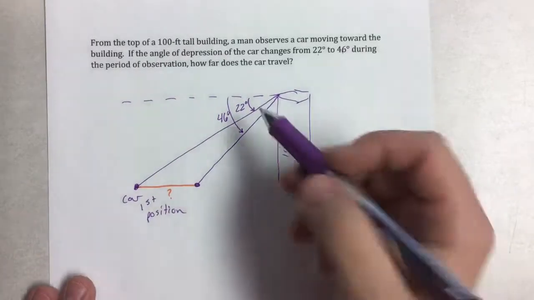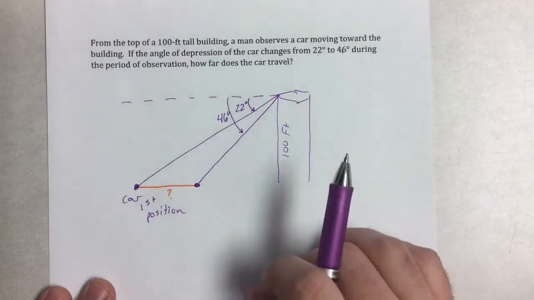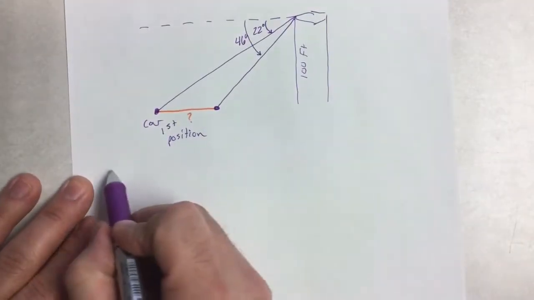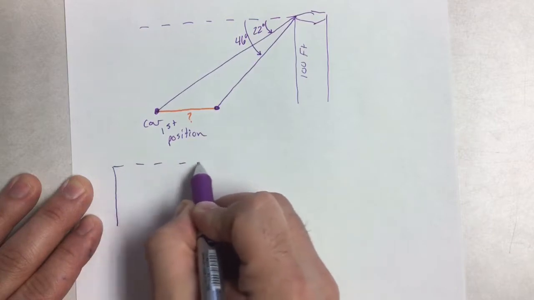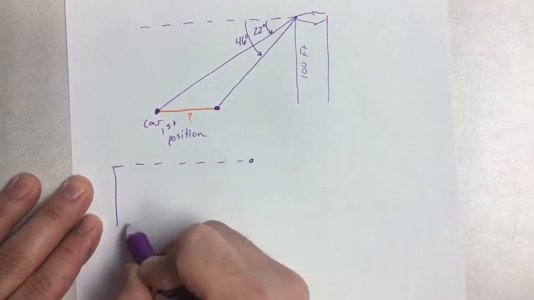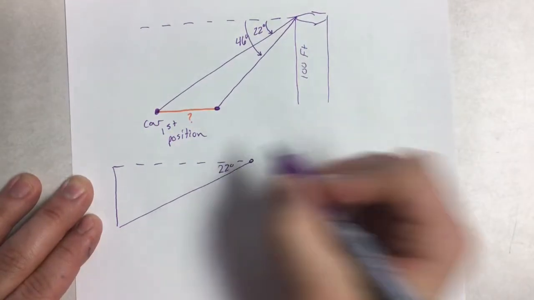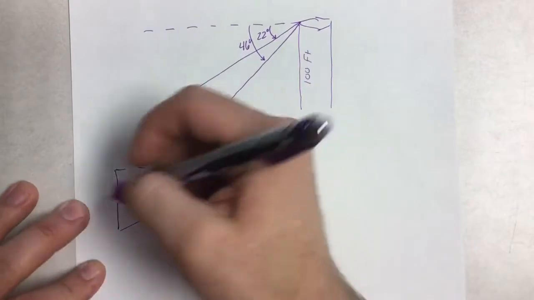So don't try to subtract or add the angle measures, create two triangles. So I'm going to take this diagram and separate it. So the first, over here, the first degree is 22, and we know the 100 feet, we're just going to shift that over to this side.